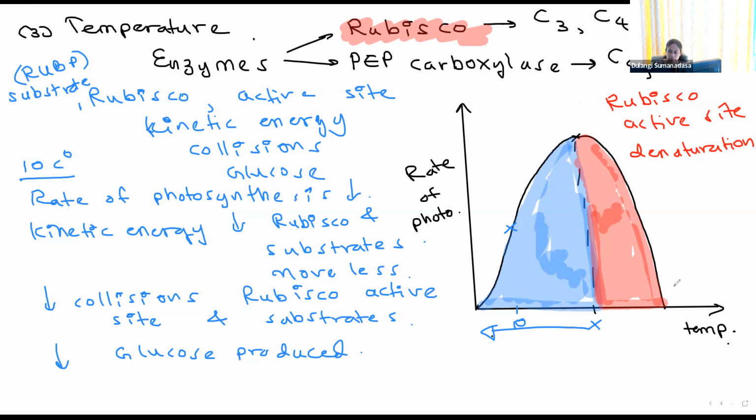So if I increase the temperature beyond the optimum temperature, the Rubisco is going to denature. The denatured Rubisco won't have an active site, so the substrate can't bind. Less or no glucose production.